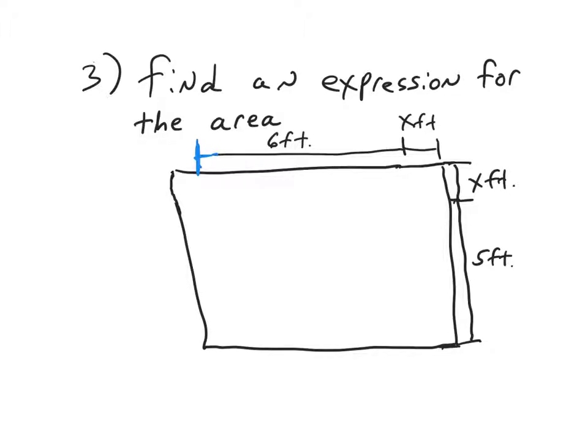And the block is the same size as the other one at the beginning or at the end of this 6 feet, so it's going to be another x feet right here. And it's the same thing on this side with the 5 feet. It doesn't go all the way down either.